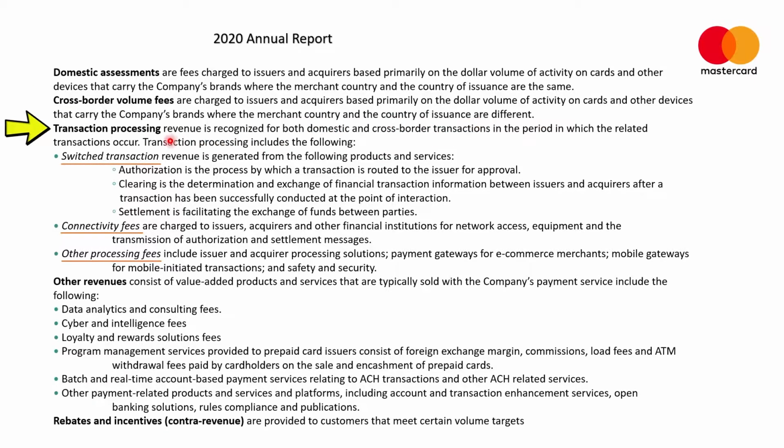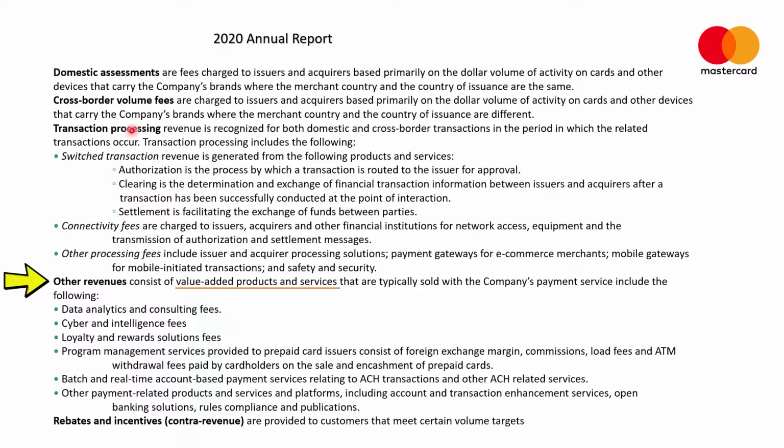We have transaction processing, which includes switching transaction, connectivity, and other processing fees, and these are charged both for domestic and cross-border. And we have other revenues, which are value-added products and services, like, for example, data analytics, cyber and intelligence, loyalty and rewards, etc.